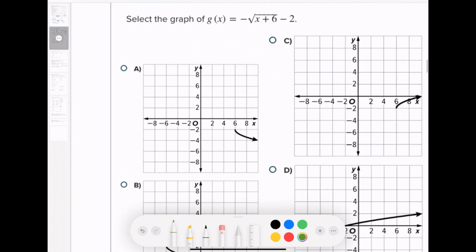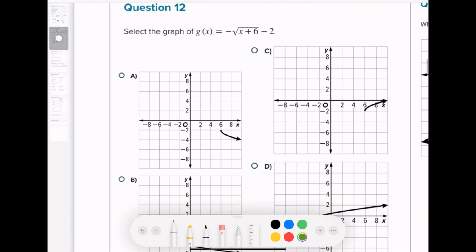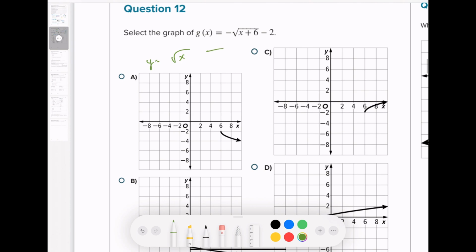Number 12, if I just graph the square root of x, I put in x is 0, square root of 0 is 0, 1 is 1, and then the square root of 4 is 2. All right, so this is what the parent graph kind of looks like.